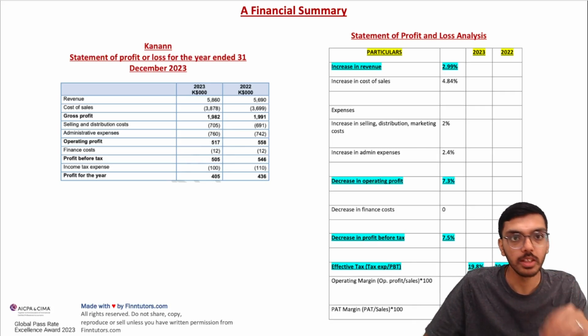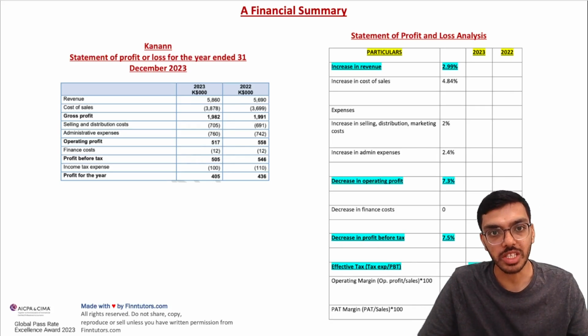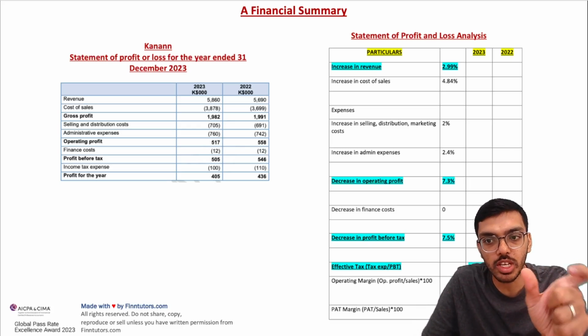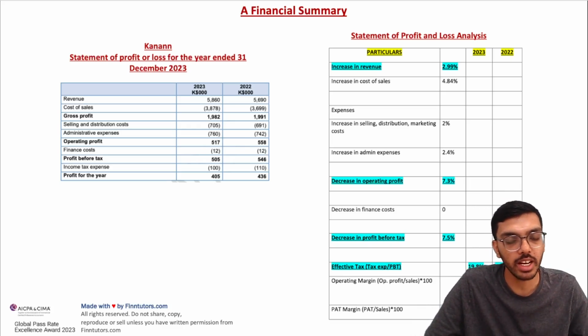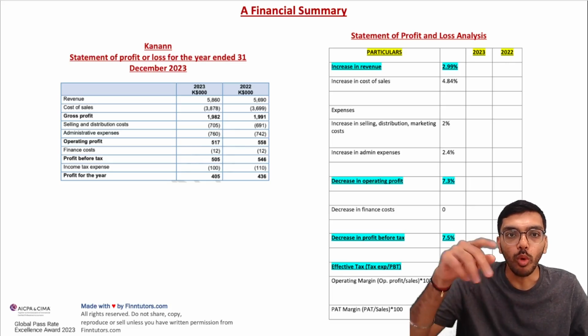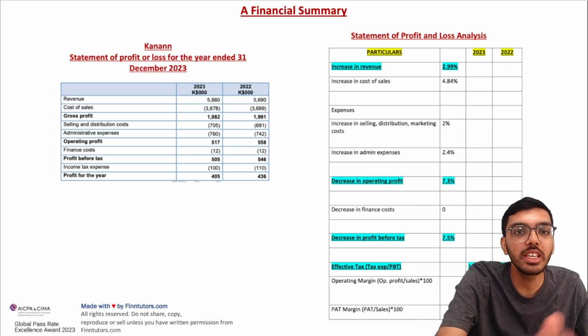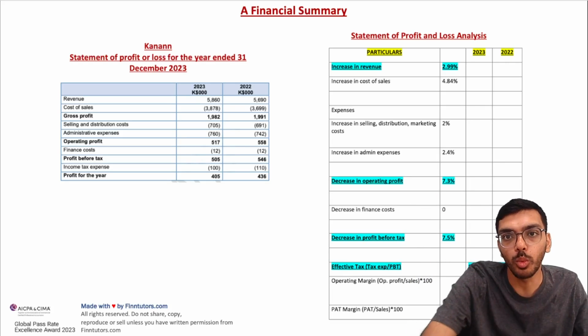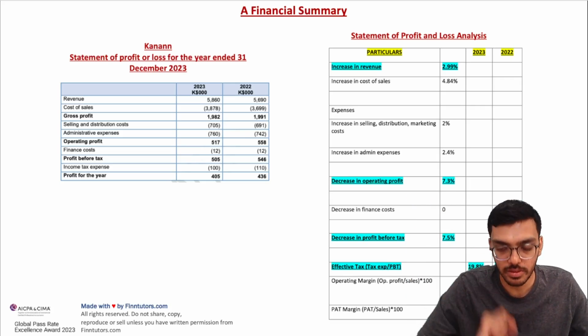So let's start. If you look at the profit or loss statement, let's compare the absolute numbers first on the left hand side. You will see that revenue has marginally gone up. What we have done is, along with these absolute numbers, we have created percentages for you.